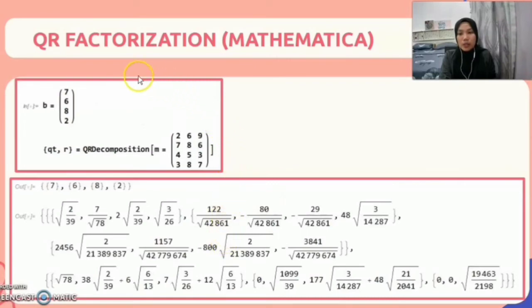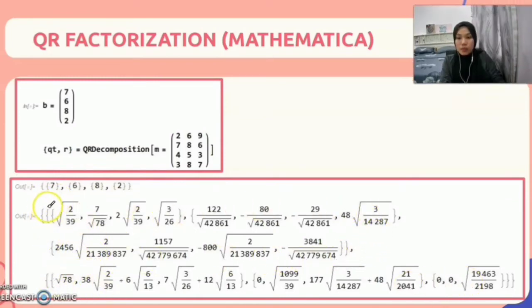Next, after we input the command, the output will come out vector B, and after that we will get Q transpose and R. So this is Q transpose and this is R.